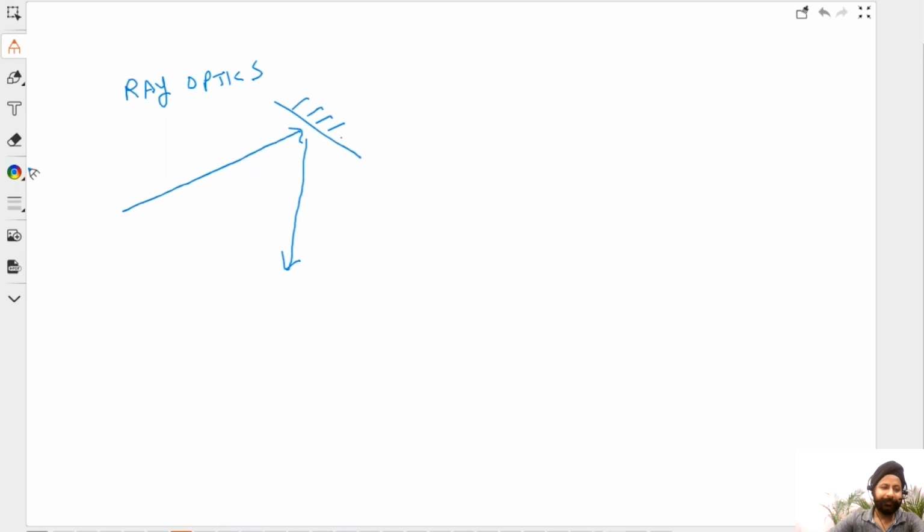You can assume that this wave is traveling in this direction, or you can say it's actually photons traveling in this direction. So you're isolating all that. I don't care whether light is a wave or a particle, it is traveling in this direction. So a ray actually tells you the path of travel of light. Behind the scenes, you have to think about whether the ray is made up of photons or it is actually the path of travel of the wave. That is what we study.